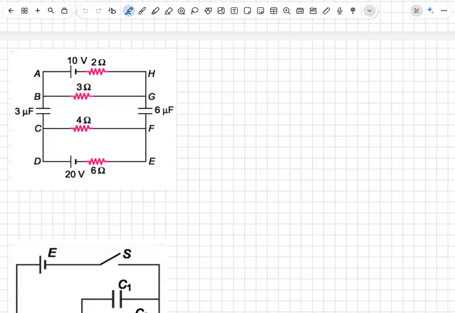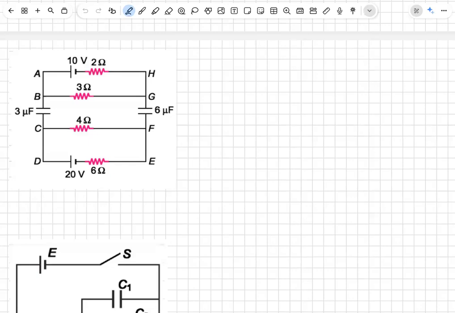If they ask about anything related to instantaneous values, practically that's a really difficult situation. No one will ask such a situation. Generally, they will ask steady state conditions or t is equal to 0 conditions.